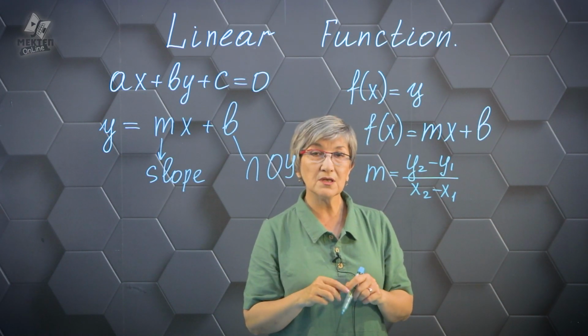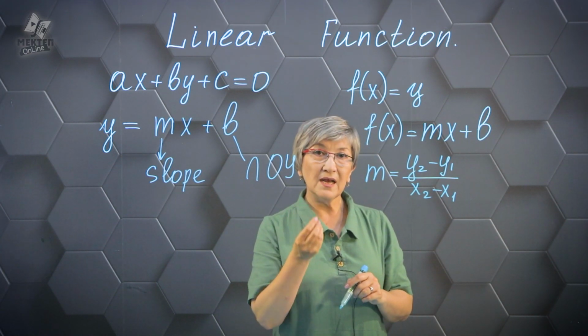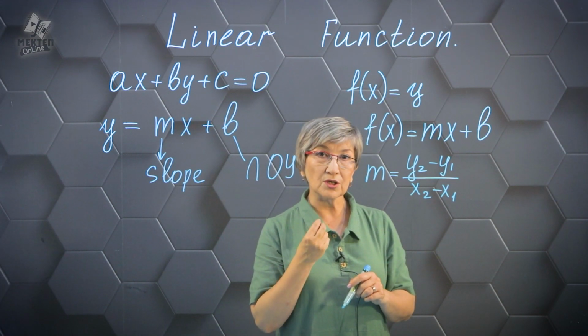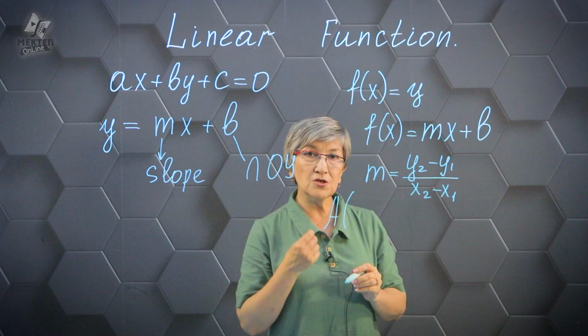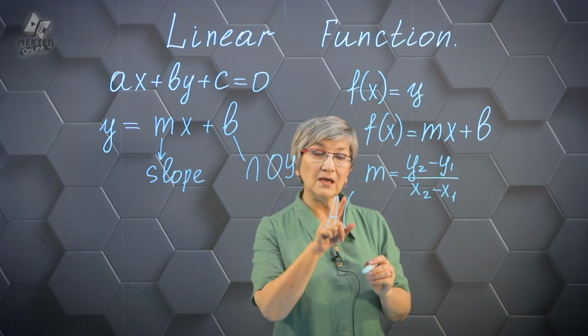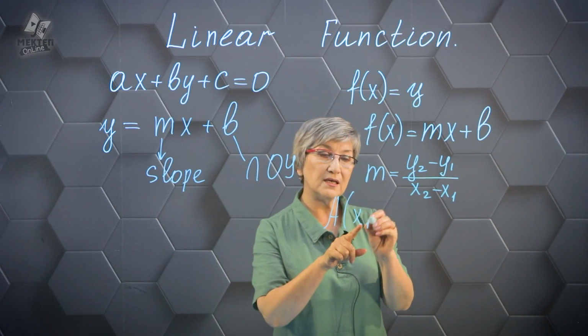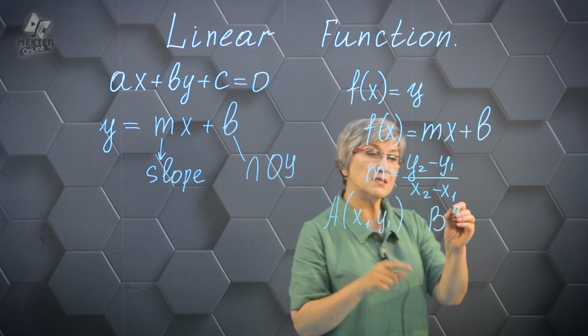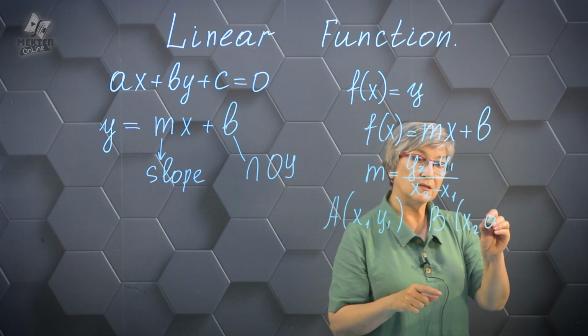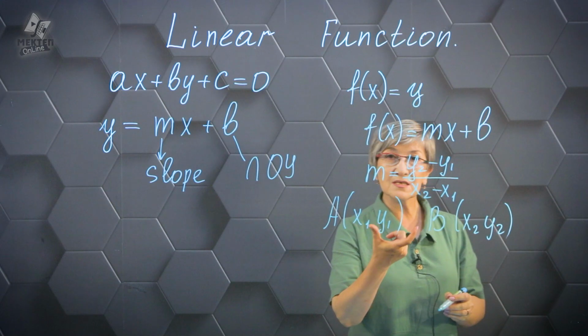So, if we denote point A and introduce its coordinates, labeling them as x1, y1, and for the second point B, we have coordinates x2, y2. Then, knowing the coordinates of these 2 points, we can always determine the coefficient in our equation.